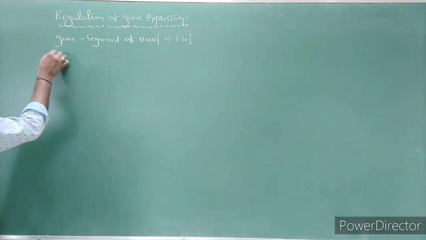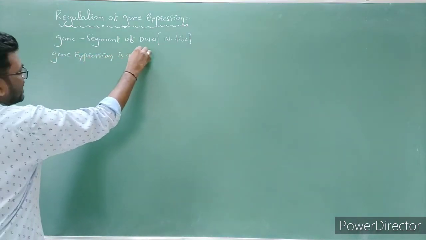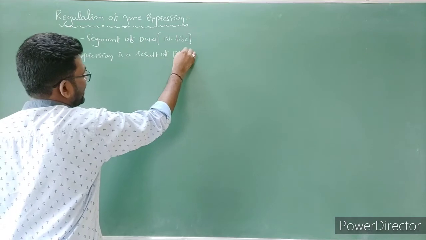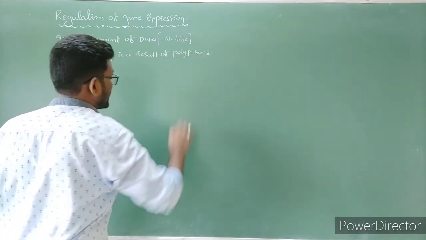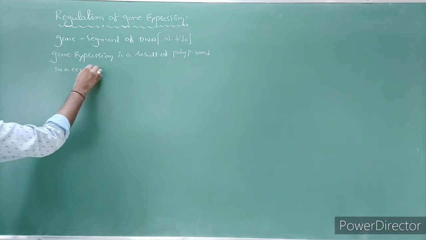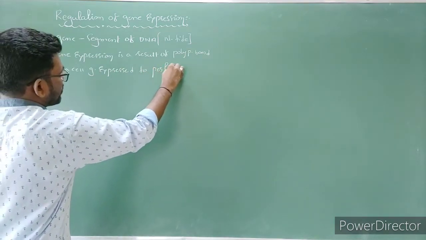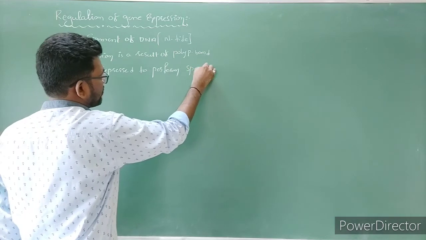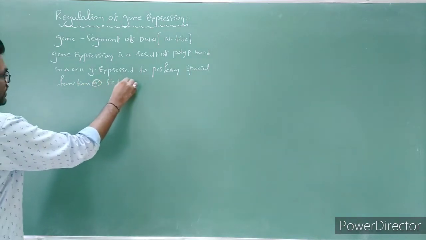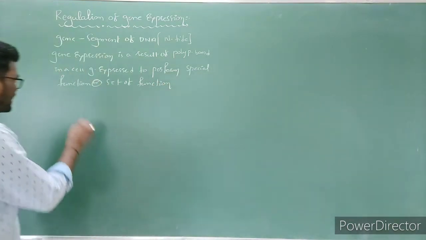Gene expression definition: gene expression, according to the NCERT, is the result of formation of a polypeptide. In a normal case, genes in a cell are expressed to perform one special function or a set of functions, right?